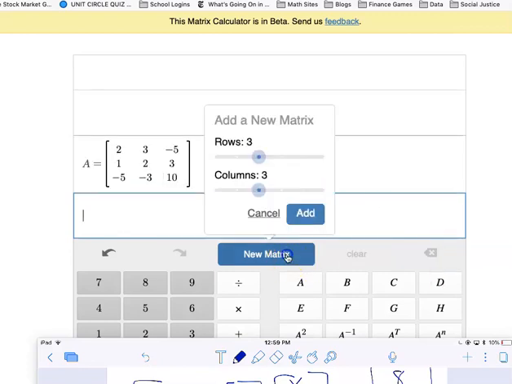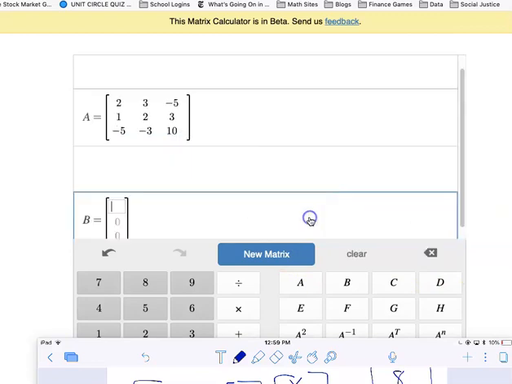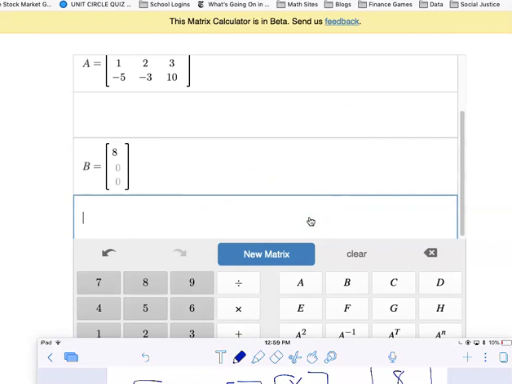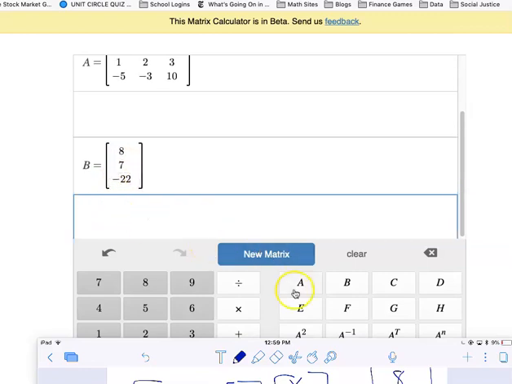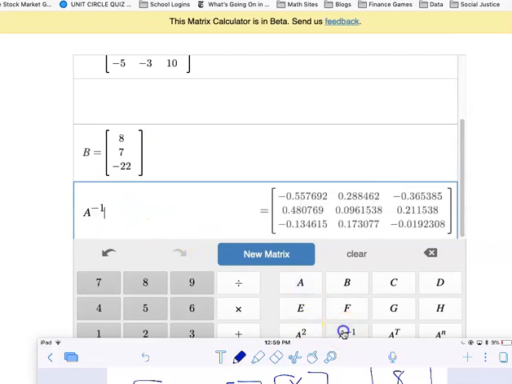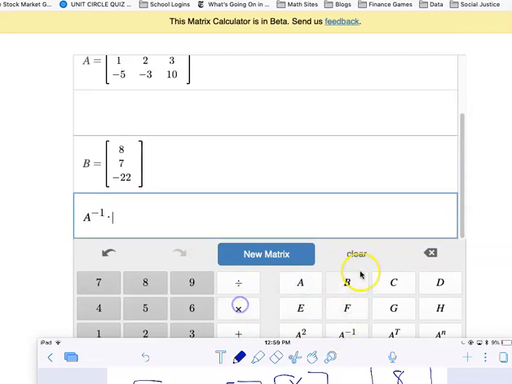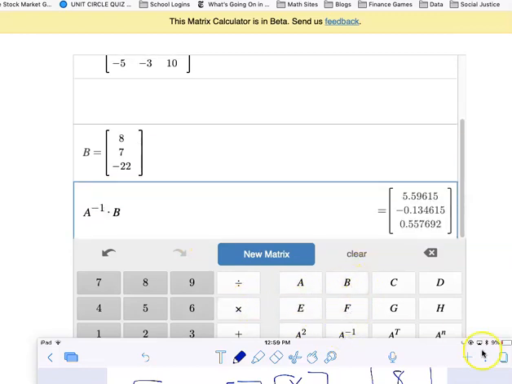So let's make a new matrix. Was a 3 by 1. So we had 8, 7, negative 22. So we need to do A inverse times B. And then those would be all of our answers, our X, Y, and Z.